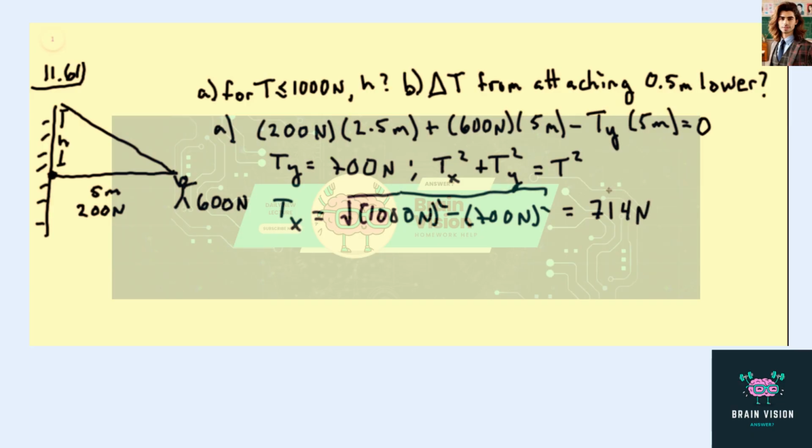Now, we call this angle theta. We know the opposite and adjacent lengths and also tensions, as the vertical and horizontal tension.